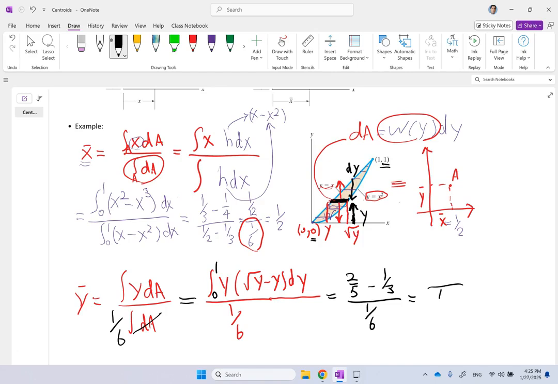So in the numerator, you're going to have 1/15, and this is 1/6, and it's going to be 6 over 15, basically. Or if you divide by a 3, it's going to be 2 over 5, or 0.4. Right? So y bar is not 0.5, it is 0.4, right? 2 over 5.